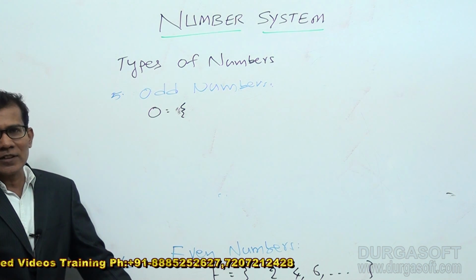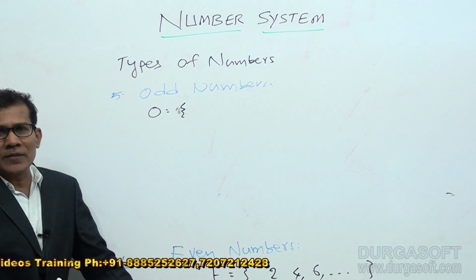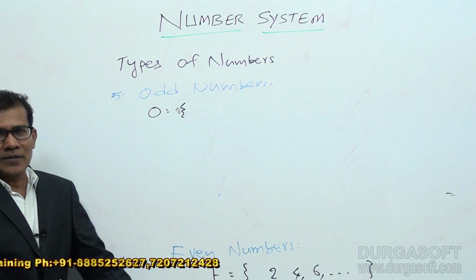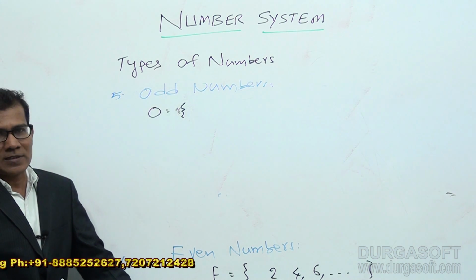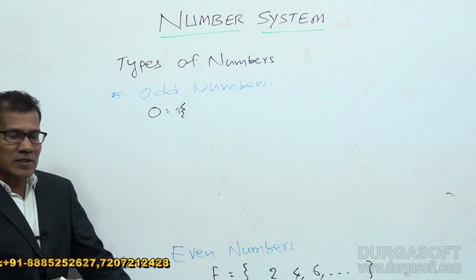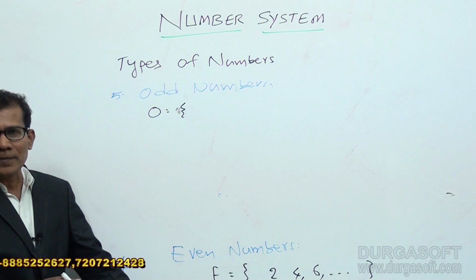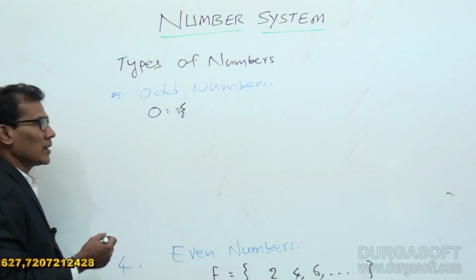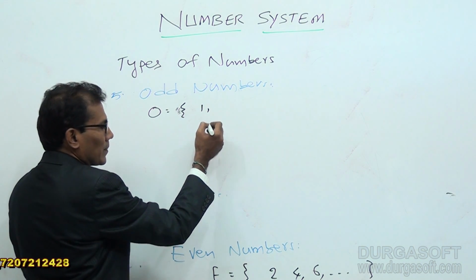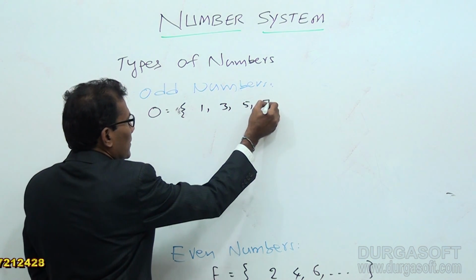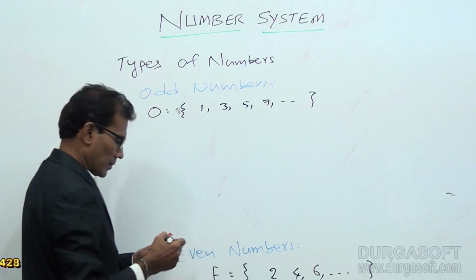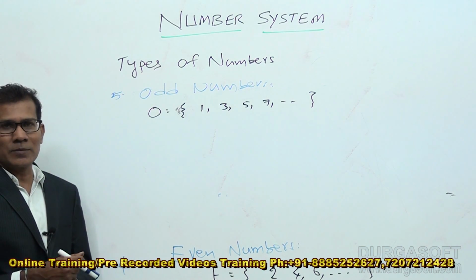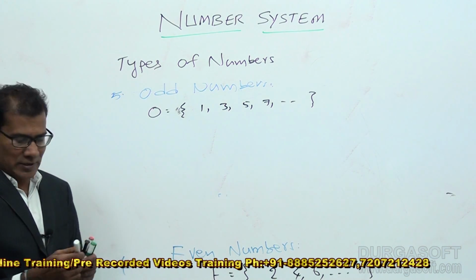In a system of natural numbers, other than even numbers, all are odd numbers. The even numbers in the natural number system are 2, 4, 6 and so on. Apart from this, all excluding even numbers are odd numbers, say 1, 3, 5, 7 and so on. By eliminating all even numbers from natural numbers, whatever is left are odd numbers.